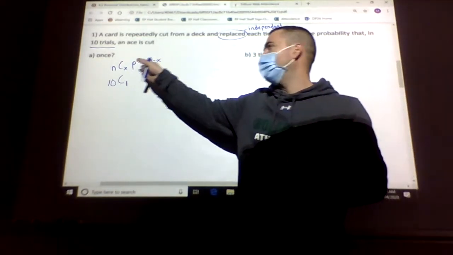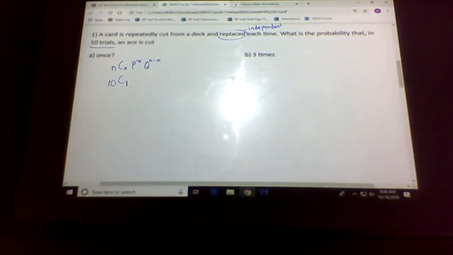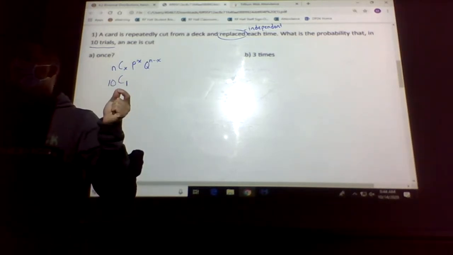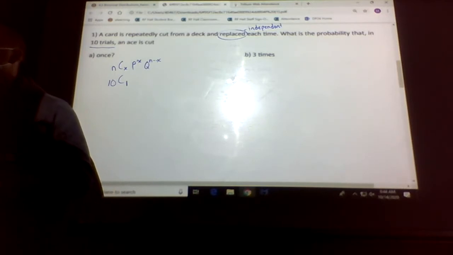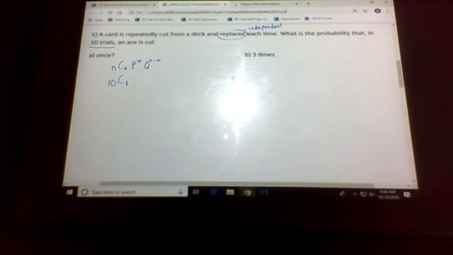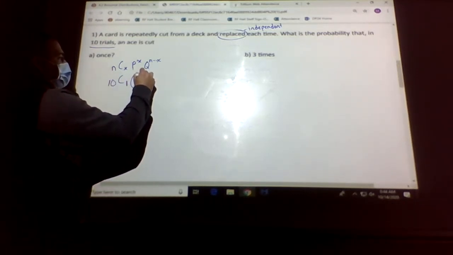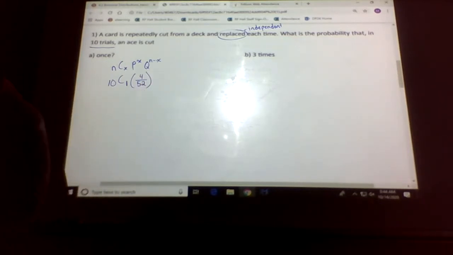What's the probability of picking an ace out of the deck of cards? Okay, you have it? 4 out of 52, because there's 4 aces in the deck out of 52. Or you could write 1 out of 13, which is the reduced form.